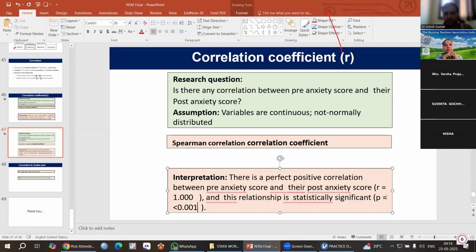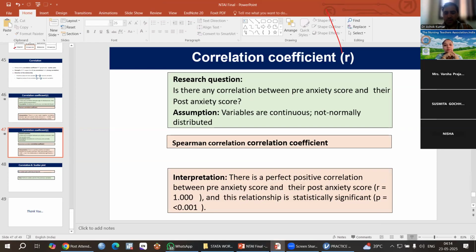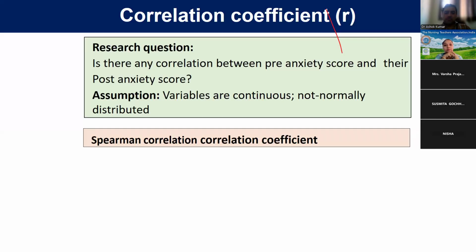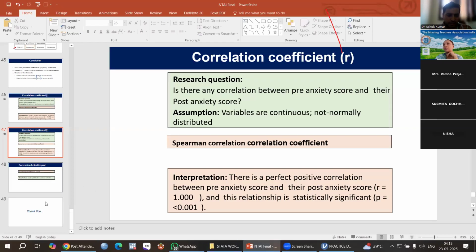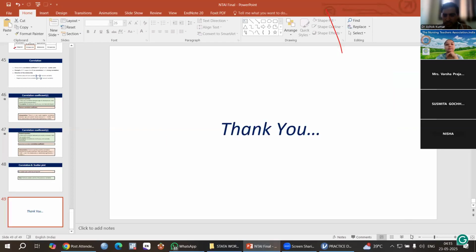We can conclude according to this: there is a perfect positive correlation between pre-anxiety score and post-anxiety score. The R value is this, and this relationship is statistically highly significant. The P value is less than 0.001. So this is all about today's inference.